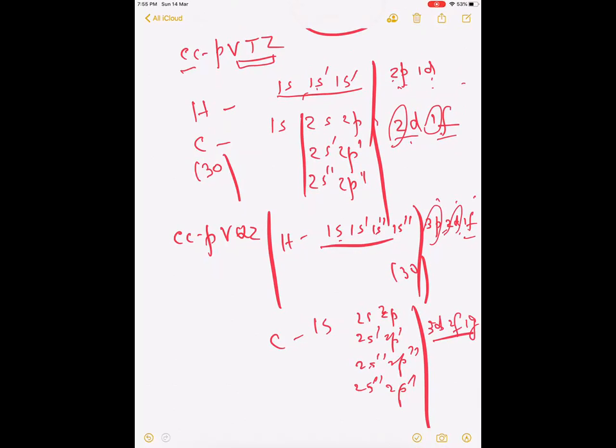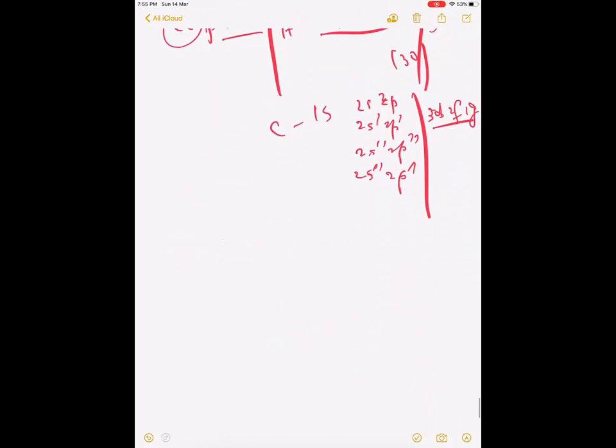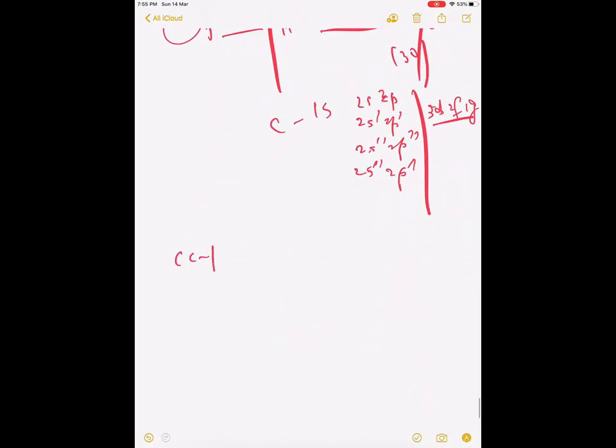So depending on the number of valence orbitals, they keep on increasing. That's the main difference in the correlation consistent basis. The number of polarization functions adds very, very quickly, depending on the number of valence N. So if I have a CCPVNZ, then I have N sets of valence orbitals.